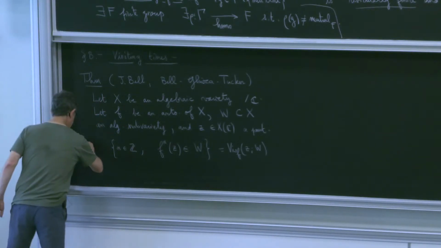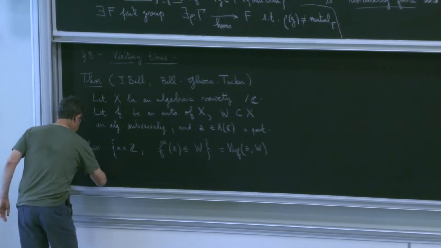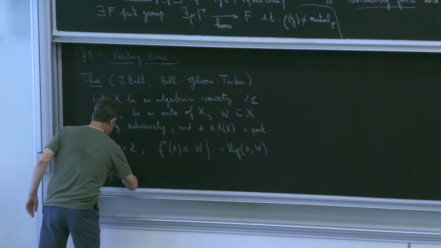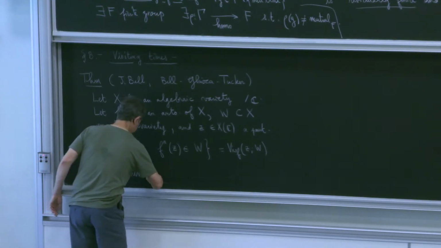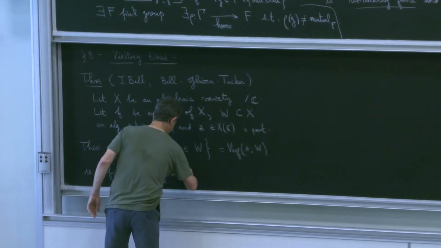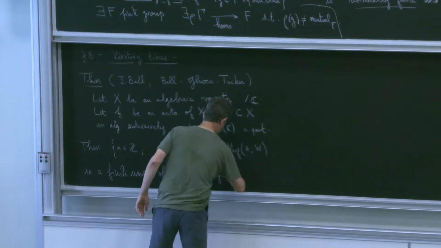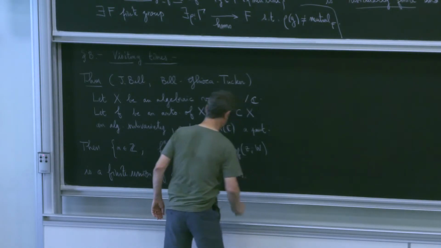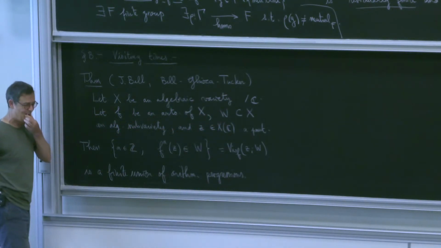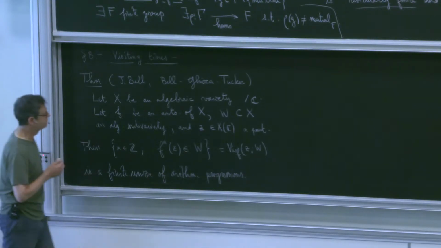And the theorem is that this is a finite union of arithmetic progressions. So that's the statement we want to prove.